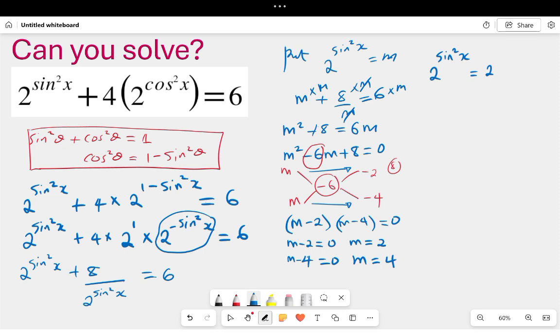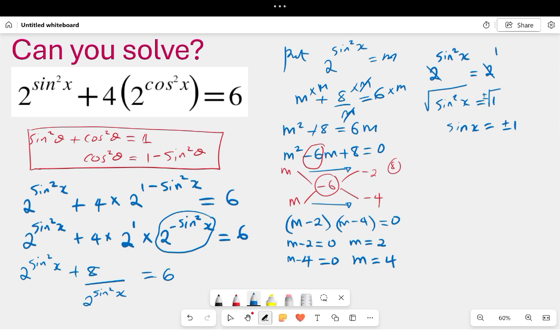So 2 can be written as 2 to the power 1. Therefore, if we cancel out the bases, 2 and 2, our sine squared x will be equal to 1. So sine x will be equal to plus or minus 1. I got it by simply taking the square root on both sides.